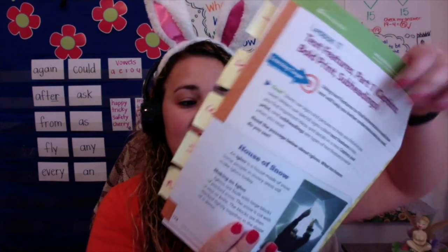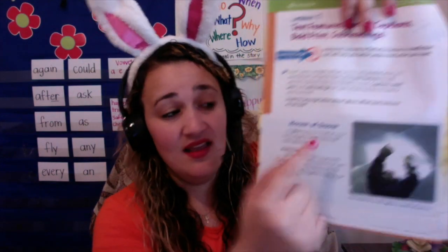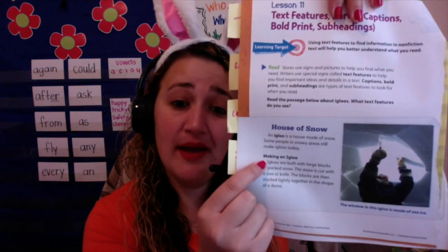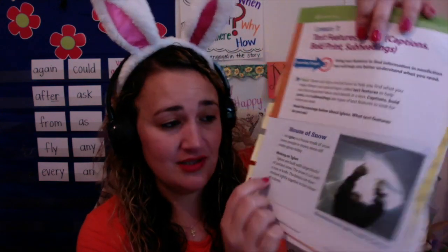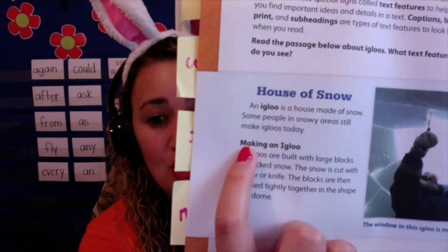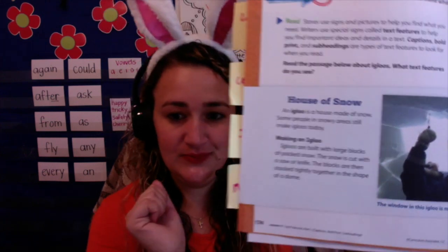And the subheading, this is the heading. This is the subheading. It tells you what the section is going to be about. So if you did not read this section, but you read the subheading, you'll know that this section is about making an igloo. So that is day 1.